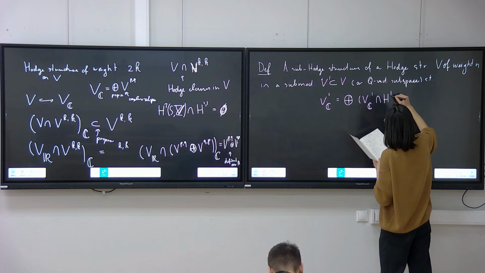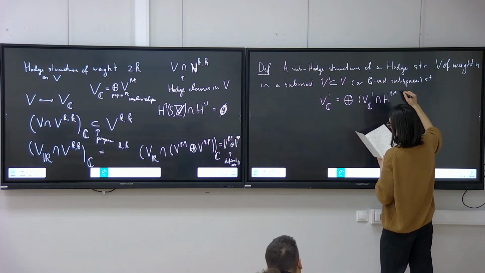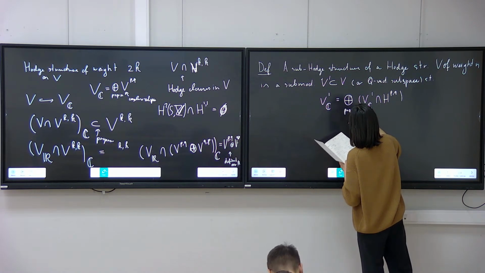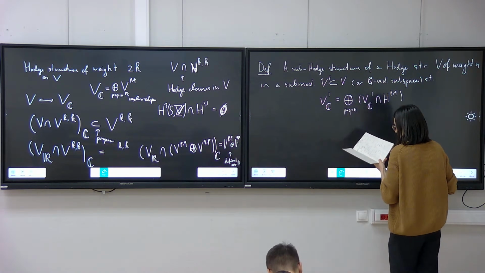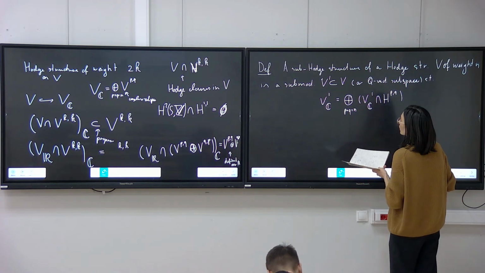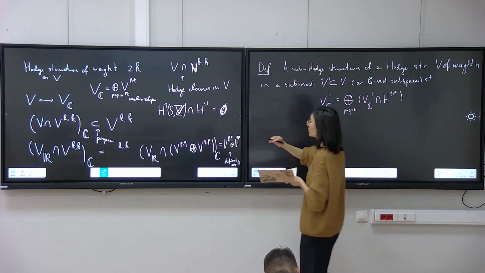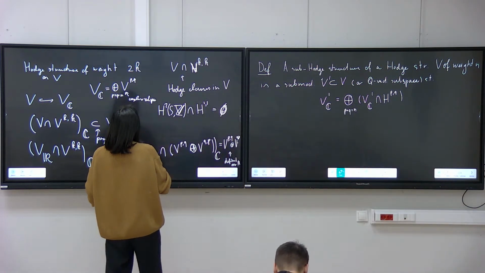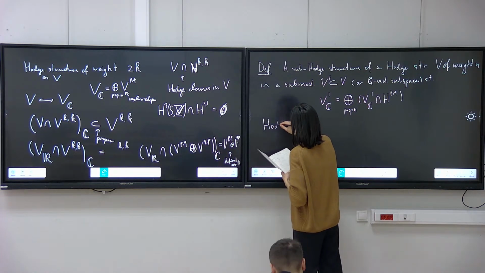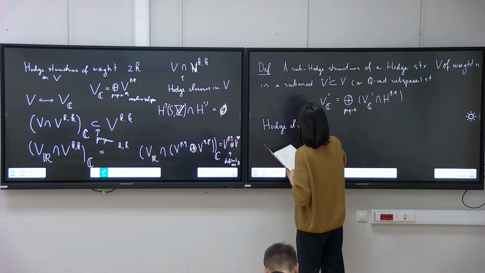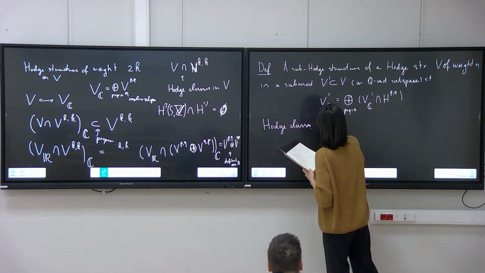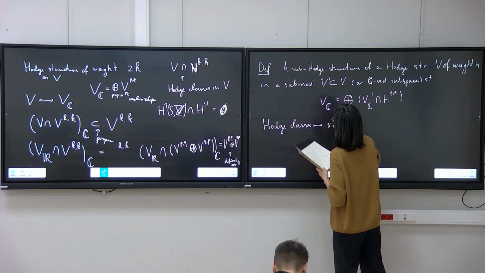So it's decomposed in such a way. And it's very easy to give an example of a sub-Hodge structure: if we take any Hodge class then it gives you a sub-Hodge structure.